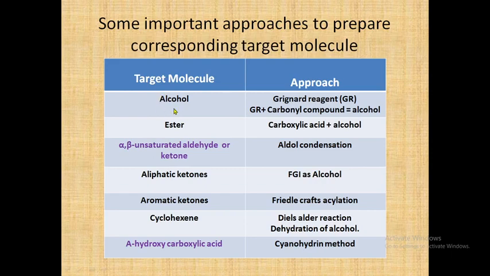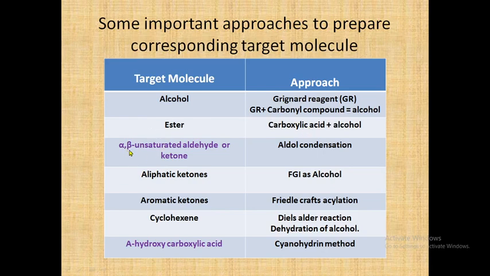If you want to prepare an alcohol, you can go by the Grignard reagent approach, because any carbonyl compound, if reacted with a Grignard reagent, will give you an alcohol, and we have already seen in an earlier slide how the Grignard reagent gives primary, secondary, and tertiary alcohols. If you have an ester as a target molecule, then you can just go by the carboxylic acid plus alcohol pair. That will be the very easy approach for preparation of esters.